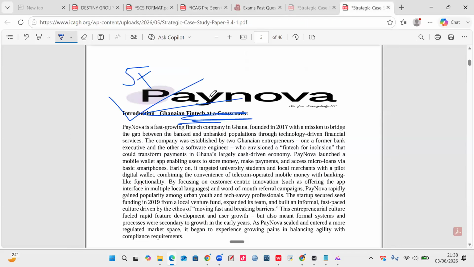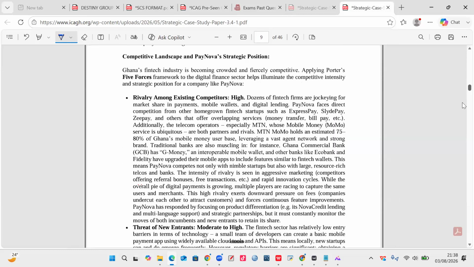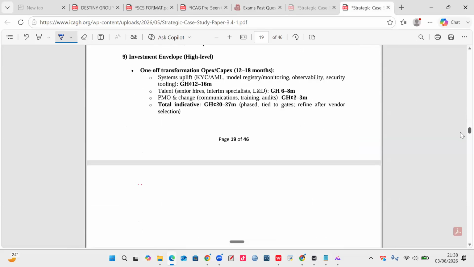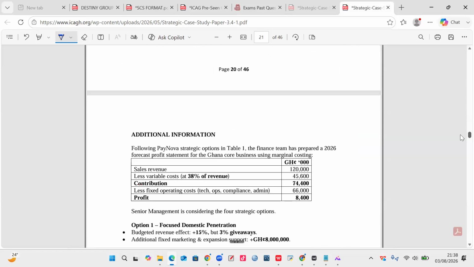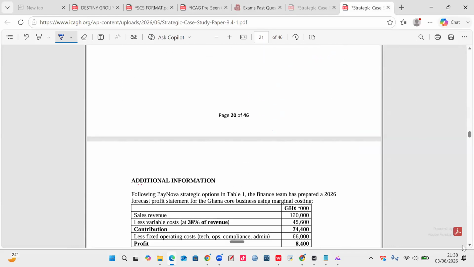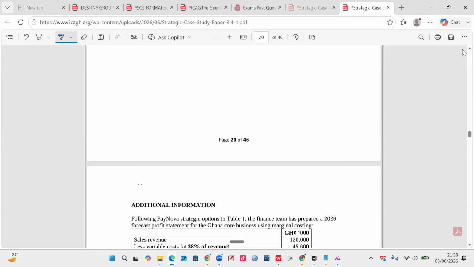So in this strategic case study, they've given this March 2026, they gave this pre-seen. If they give the pre-seen, where does the question start from? It will end here. How many pages? Let's say it's about 18 or 15 pages.